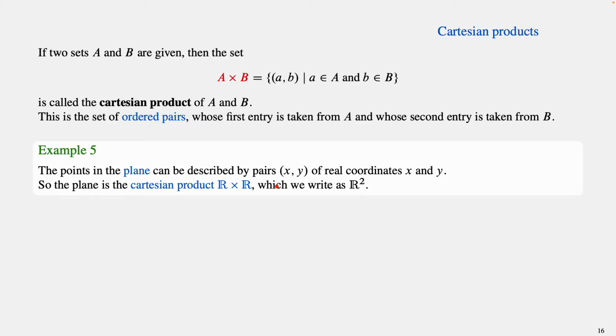And so this two-dimensional plane is the Cartesian product of the real numbers with itself. And we usually write this as R². So instead of R times R, we write R². It's a bit shorter.